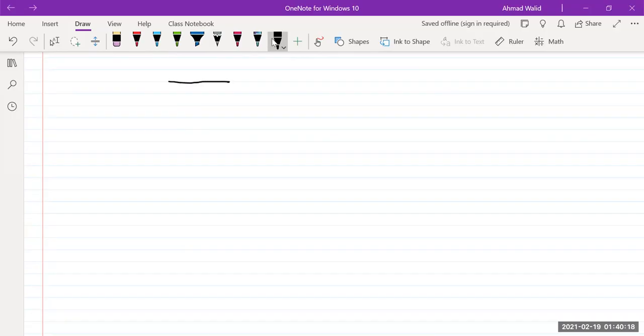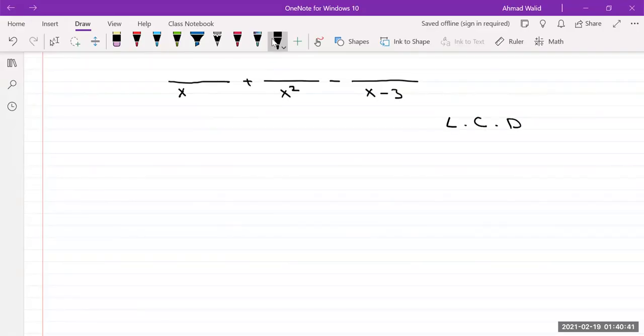Before solving, if I give you a few fractions like this, x here in the denominator, here x squared in the denominator, and here, for example, x minus 3 in the denominator. What will be the LCM or LCD between these denominators? Or how to choose the LCM, or how to build the LCM between the denominators?